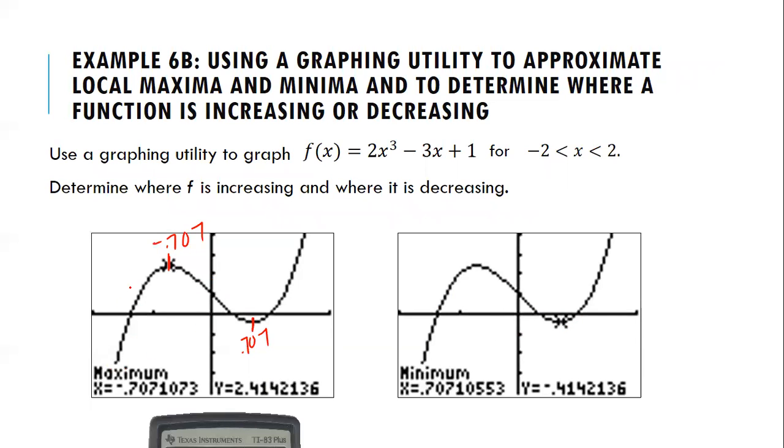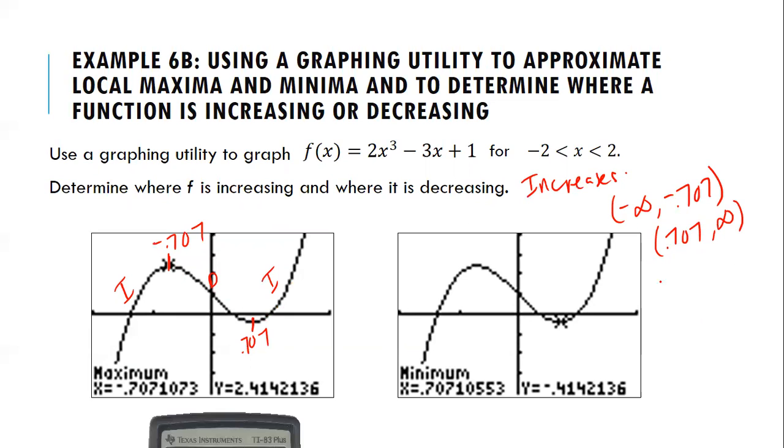From left to right, this is an increase, this is a decrease, and this is an increase. So all of my increases are from negative infinity to negative 0.707, and from positive 0.707 to positive infinity. So those are my intervals of increase.